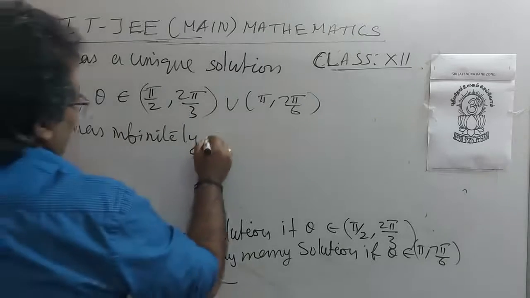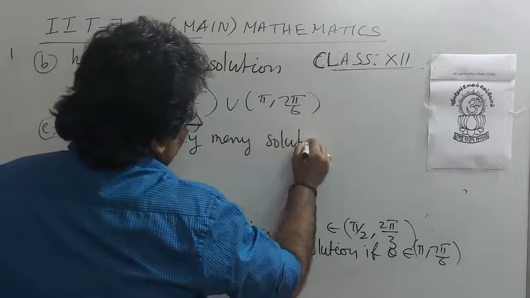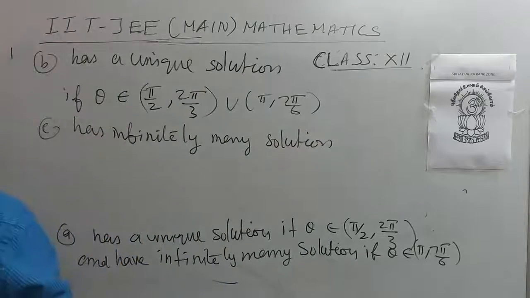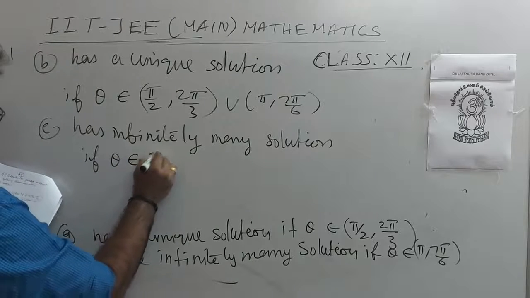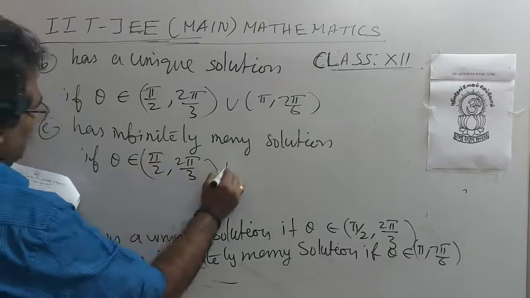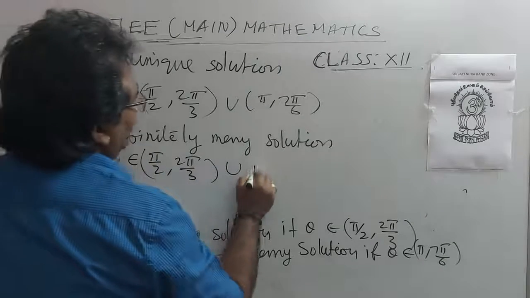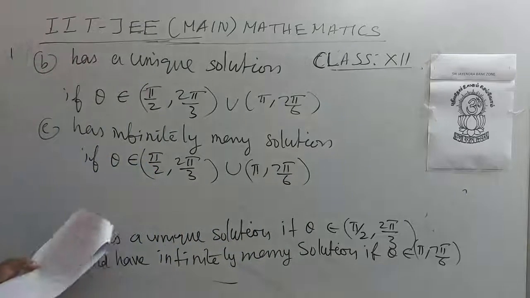Has infinitely many solutions if theta belongs to the union of pi by 2 comma 2 pi by 3 and pi comma 7 pi by 6.